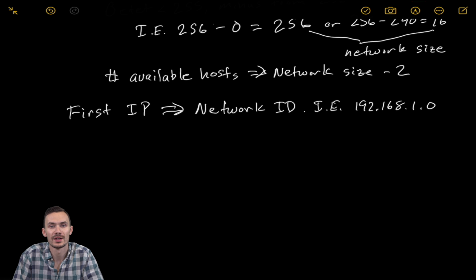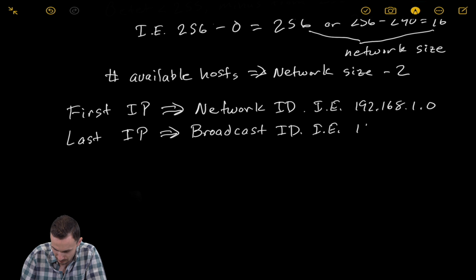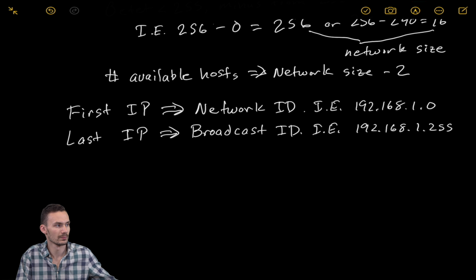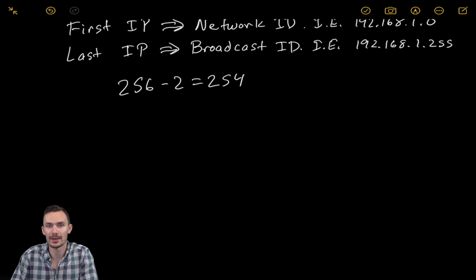This allows devices to communicate with all devices on the network. Therefore, the number of available hosts is 256 minus 2 equaling 254. Usually, the second IP address is the IP address of your router or gateway.